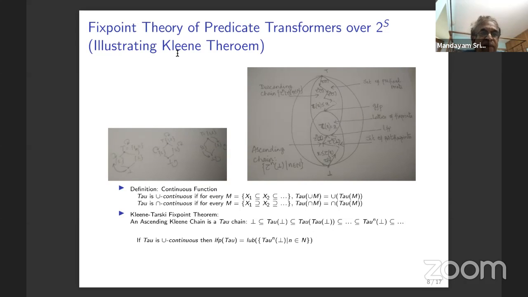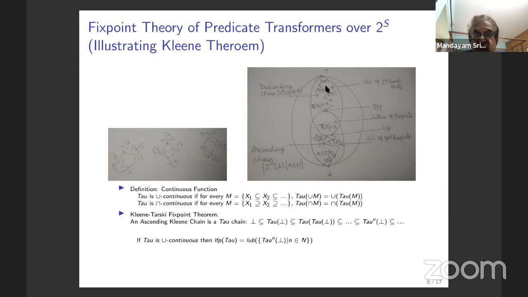What the Kleene theorem basically says is, this is the point where you have all the fixed points, with the greatest fixed point at the top and the least fixed point at the bottom. Tarski's definition is that the greatest fixed point is the least upper bound of all these prefix points, and he defined the least fixed point as the greatest lower bound of the postfix points.